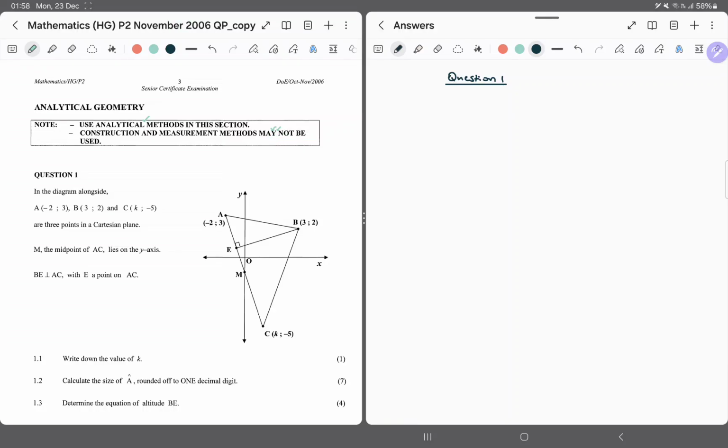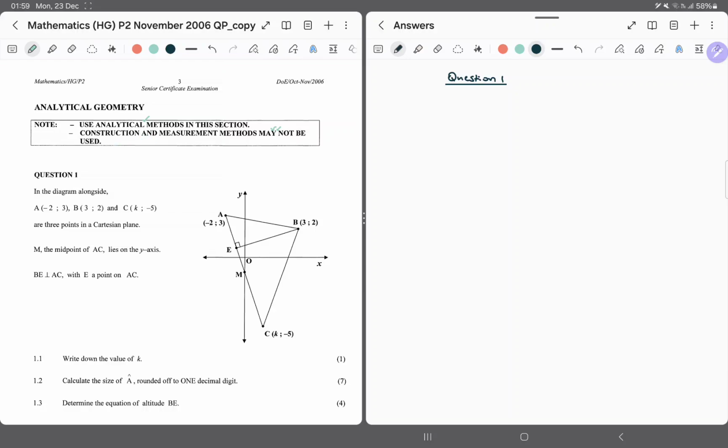It means it may not, but where the need arises, that can come in. But you can't construct and then measure. That's the idea. We can construct and perform analytical means. That's the most important message being propagated in that statement.